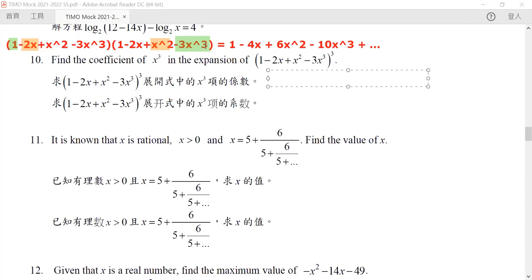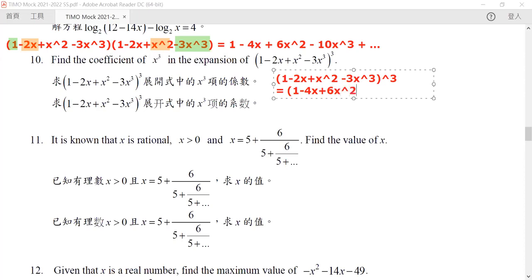Okay, so for this to have a power of 3, we can replace the first 2 by our simplification, right? We replace our first 2 by our simplification, 1 minus 4x plus 6x squared minus 10x cubed plus dot, dot, dot, okay?